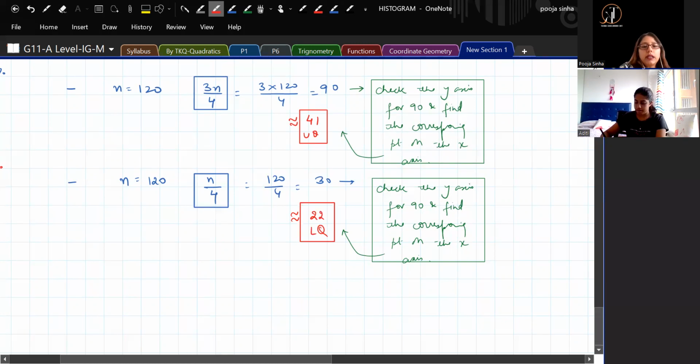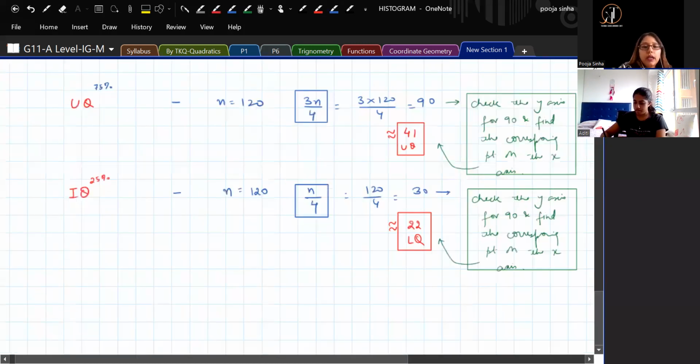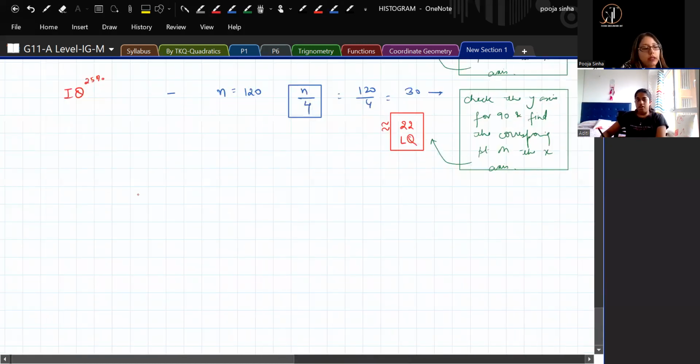Okay, now that's done. The next point is that we are supposed to find the interquartile range. IQ is interquartile. Your interquartile range is always upper quartile minus lower quartile.